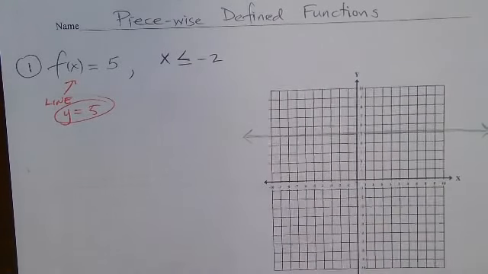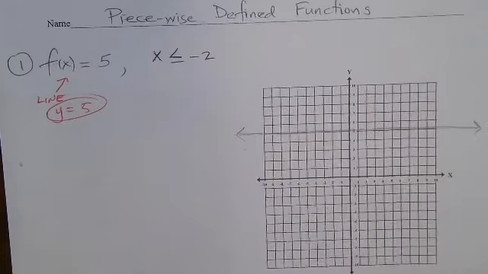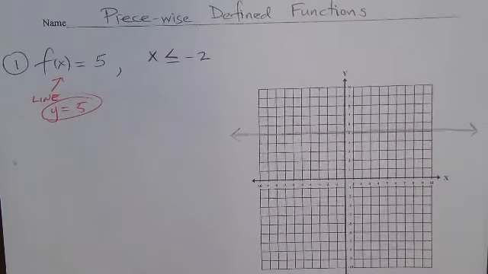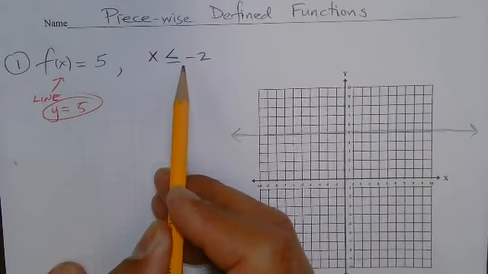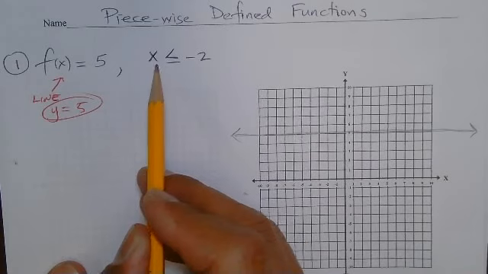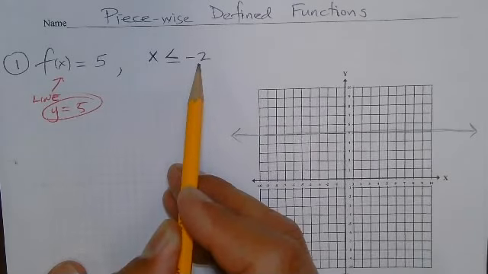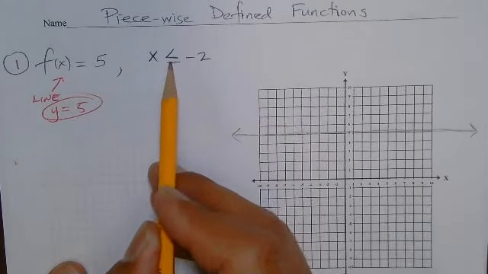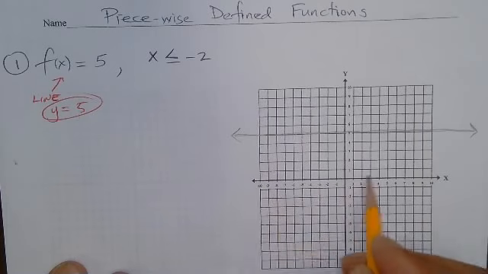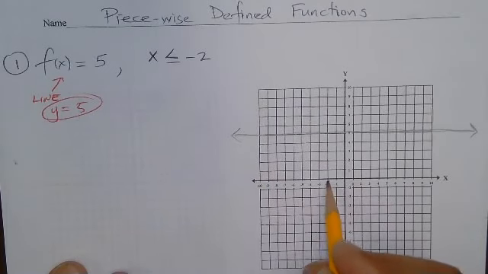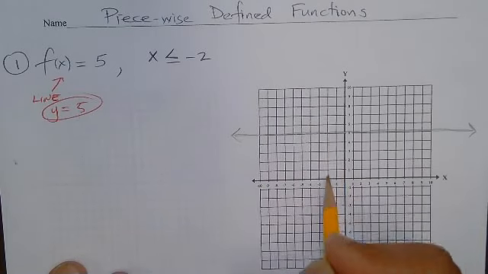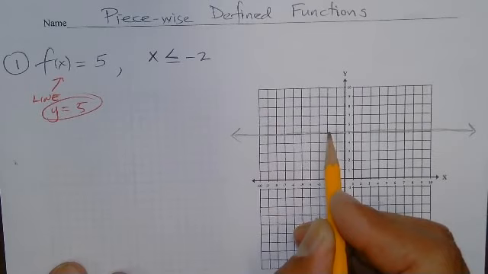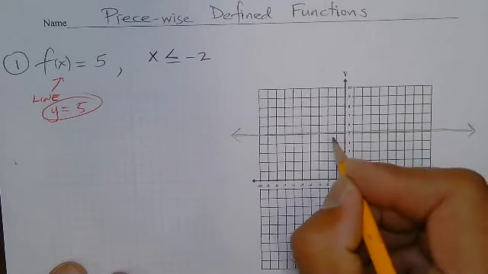So what is the critical point that you have to go to? This is telling me that x equals negative 2 is a critical point. It's an endpoint. So I'm going to go to x, negative 2, right here, and I'm going to go up to the line. Does everybody agree it's right here? Okay, put a circle right there.